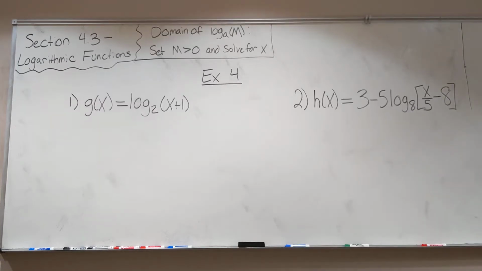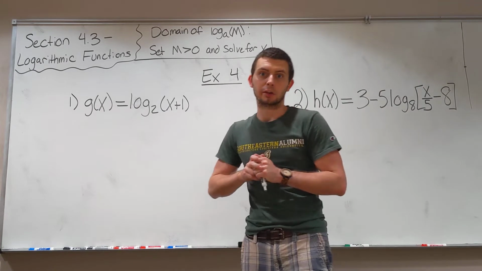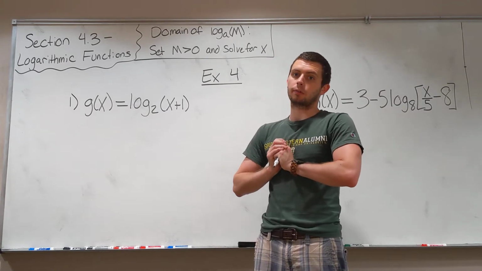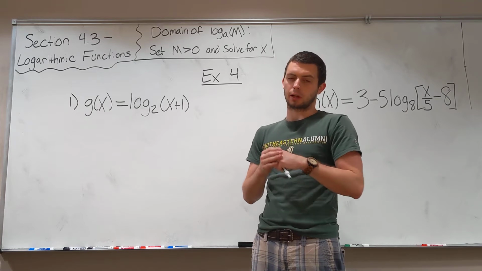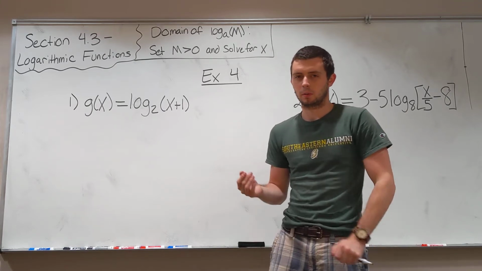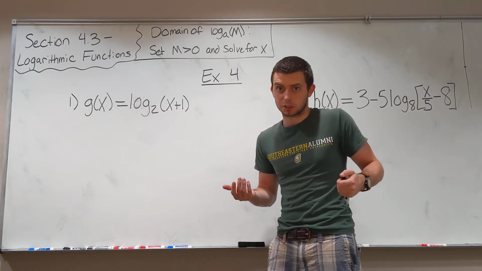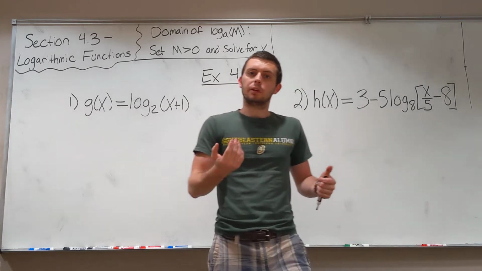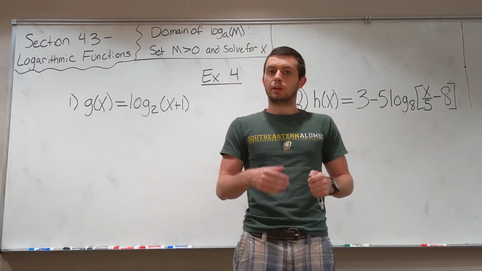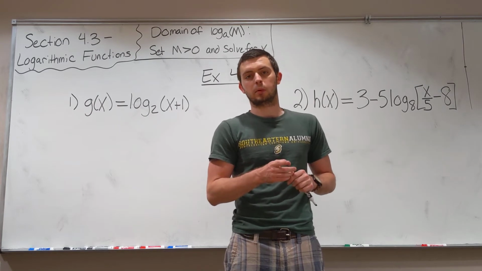So next we're going to look at determining the domain of logarithmic expressions. So if you recall from the parent function that I listed, the domain is not all real numbers. There is a restriction on the x values you can choose, and loosely, this is because you cannot take the logarithm of 0 or a negative number.